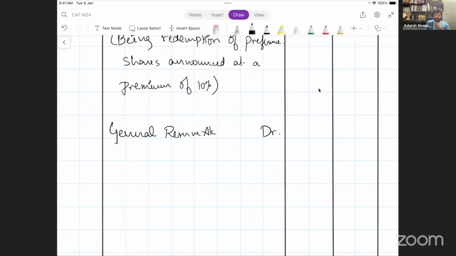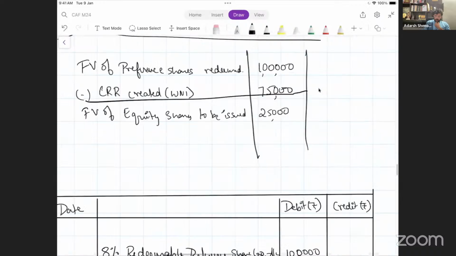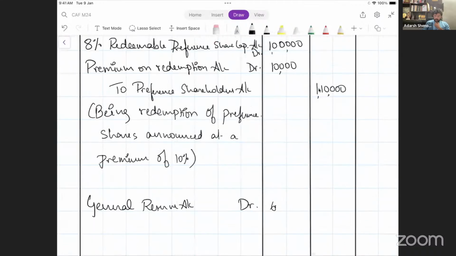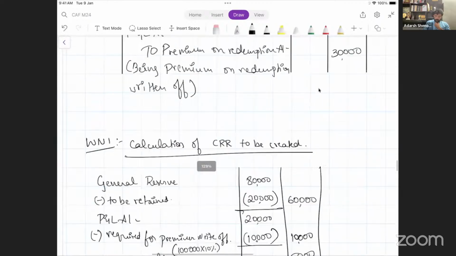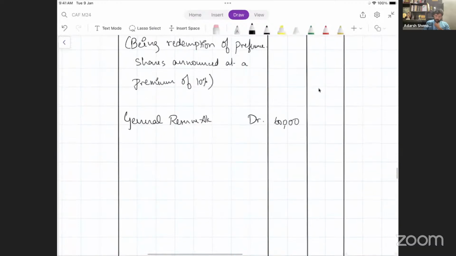So general reserve account debit 60,000 rupees. P&L account will be debited with 10,000. Investment allowance reserve will be debited with 5,000.